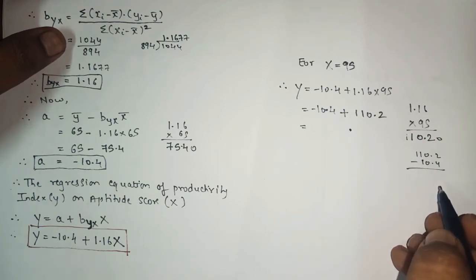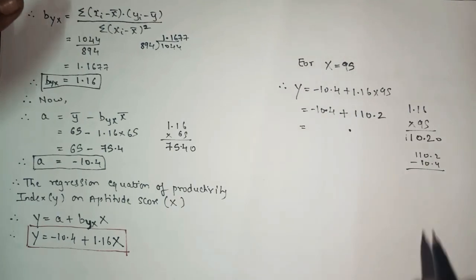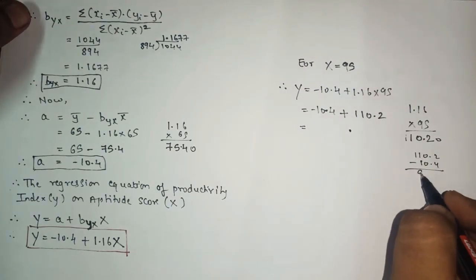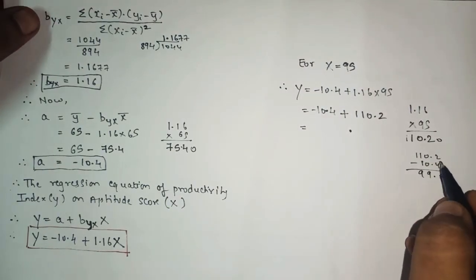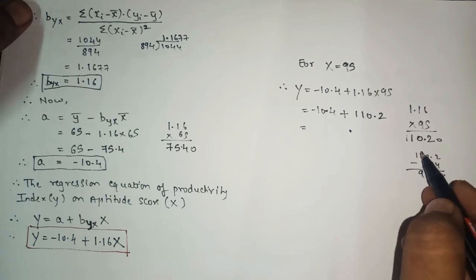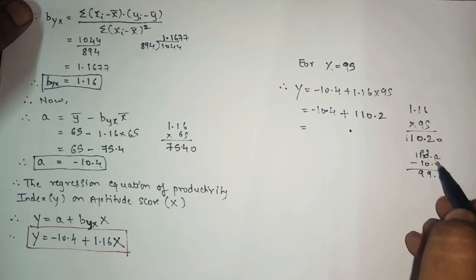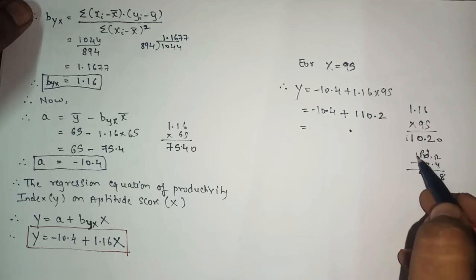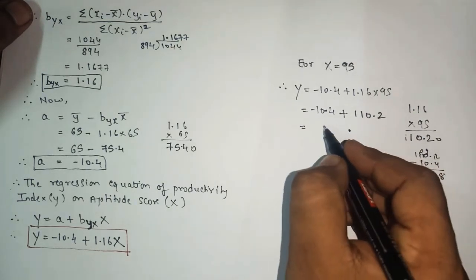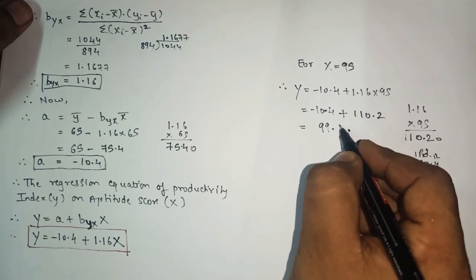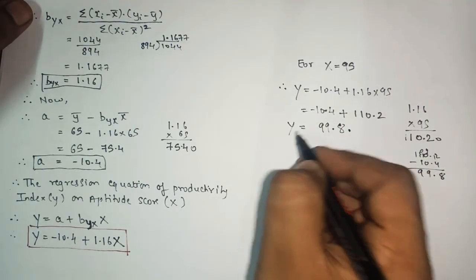When you will solve this part, this will be 99.8. So when you solve, 0, 10, 8, 9, 10 minus 1 is 1. So you will get 99.8. So here we got the answer.